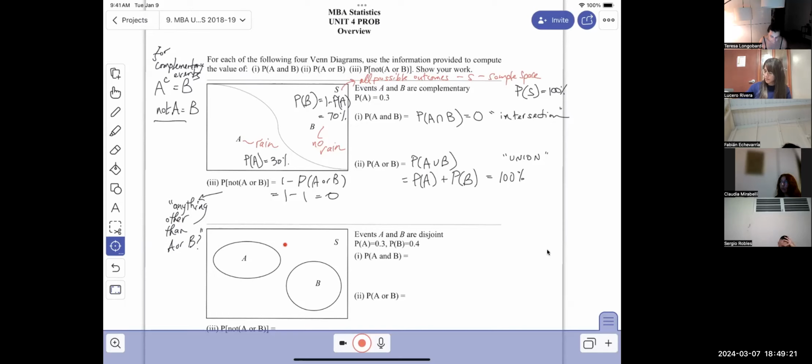Okay, let's go to the next one. The next one is a depiction of two events that are disjoint. So it describes what disjoint means. What can you tell me about disjoint events?